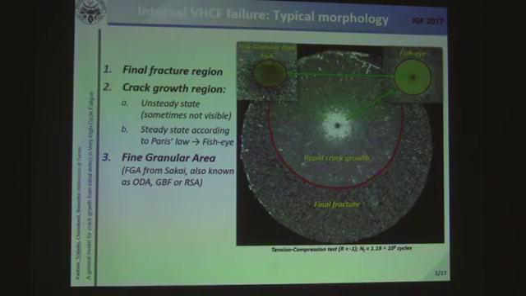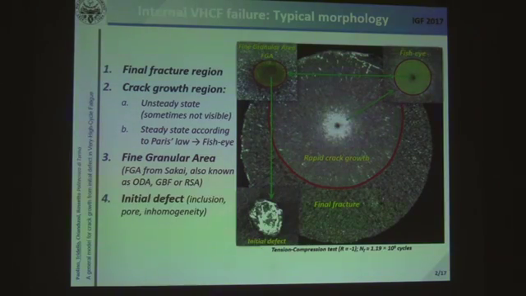called the fine granular area, FGA, by Sakai, and is called by other denominations by other researchers who work in this field. At the center of the fisheye, we can see, by using the scanning electron microscope, the initial defect. In this case, it's a non-metallic inclusion, but it can be any type of defect which is present inside the material.